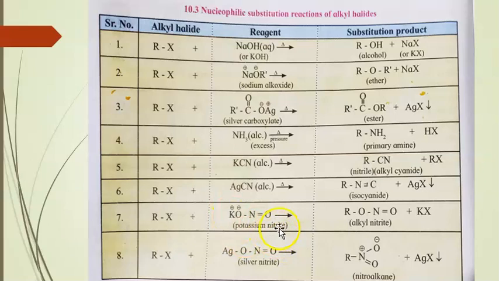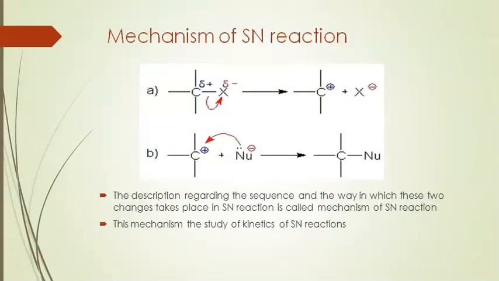With potassium nitrite, there is the NO2 group, and alkyl nitrite is formed, R-X with the NO2 group. In the same way as the isocyanide case, there is formation of a nitroalkane. All these are the nucleophilic substitution reactions of alkyl halides.